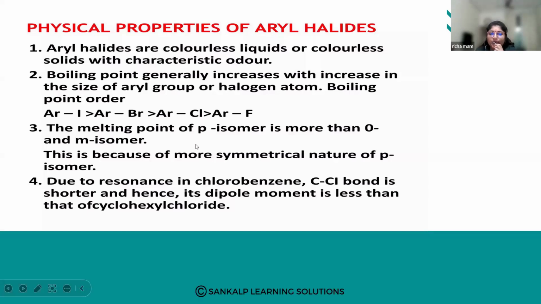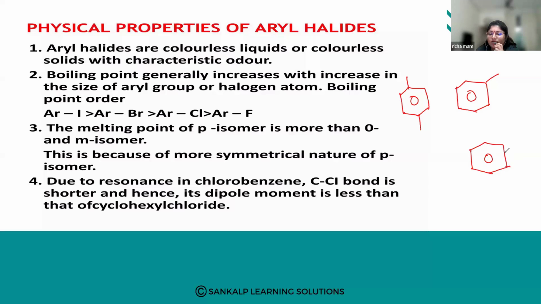Then the melting point of para isomer is more than the ortho and meta isomer. Why? What do you mean by para, ortho, and meta? So this is a para product, this is an ortho, and this is the meta.